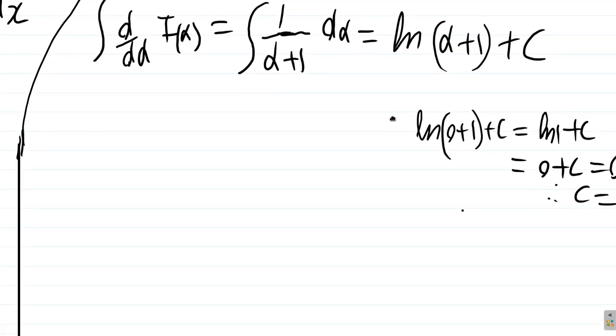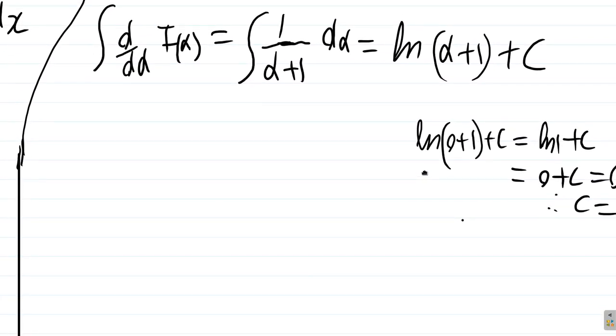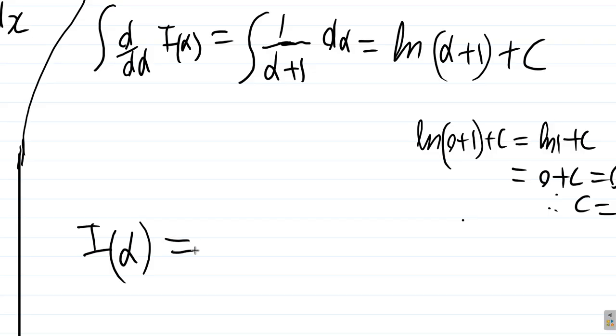So in that case, c is equal to 0. So what do you have? Remember, I find the integral of the derivative of I of alpha. The integral and derivative cancel out each other, leaving I of alpha alone. So c is 0, so you can just write ln alpha plus 1.